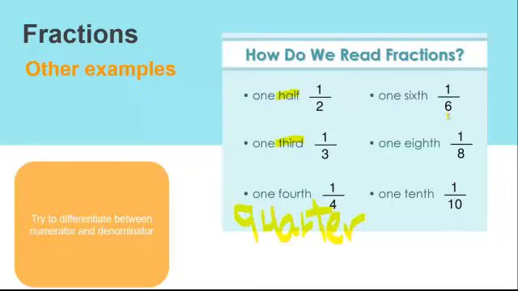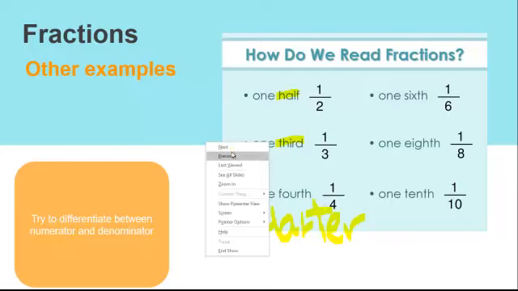Then it will become easier even more if the number is larger. This is 1/6, 1/8, 1/10, and etc. If you want to differentiate between numerator and denominator, the ups are numerators, 1, 1, 1, and those ones, and the denominator is 2 and 3, 4, 6, 8, and 10.